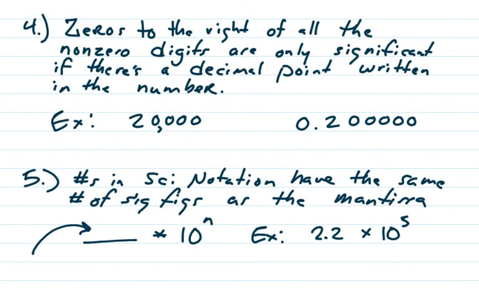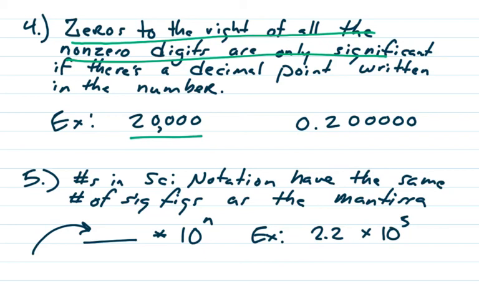On to number 4: zeros to the right of all non-zero digits are only significant if there's a decimal point written in the number. What that means is, like our example with the ruler, these numbers represent the precision of your measuring device.